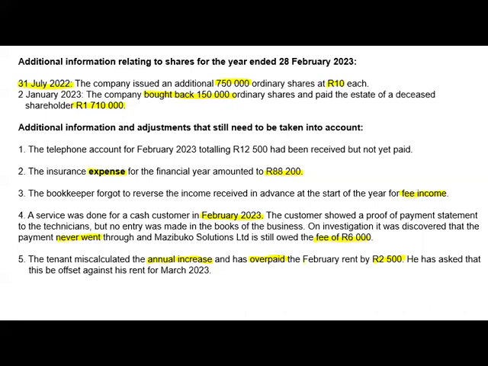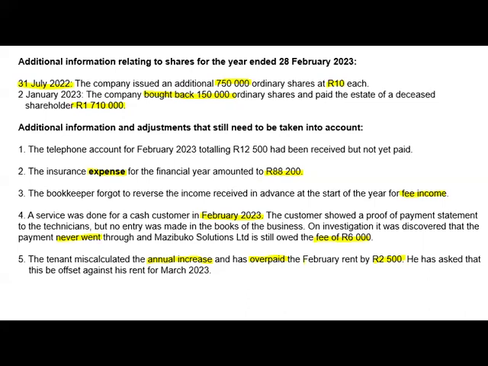Okay, it was overpaid. And he asked that this be offset against his rent for March 2023. So they didn't ask for a refund. They say, oh, by the way, keep that money and then subtract it from rent for March 2023, which is the next financial year. So we're going to do the right thing here by taking the 2,500 and subtracting it from our rent income.